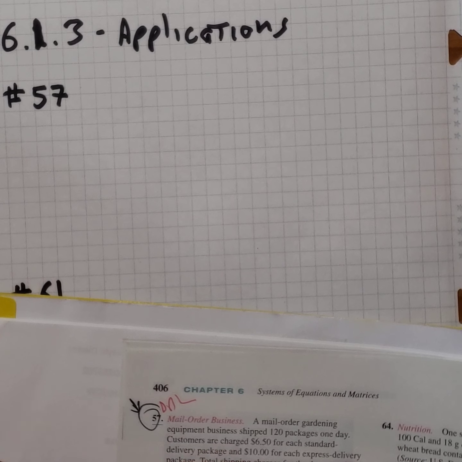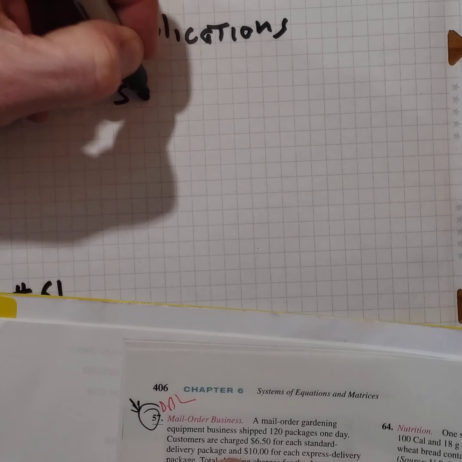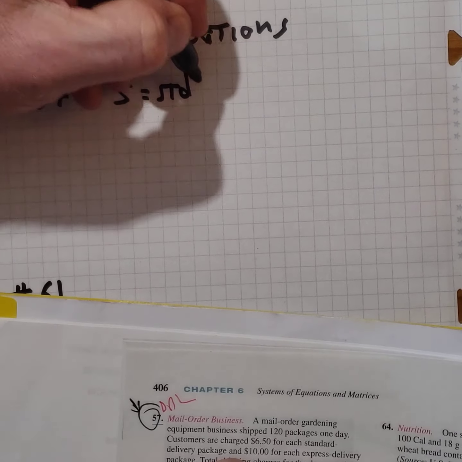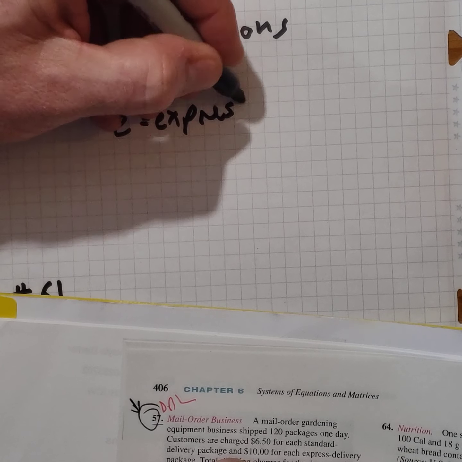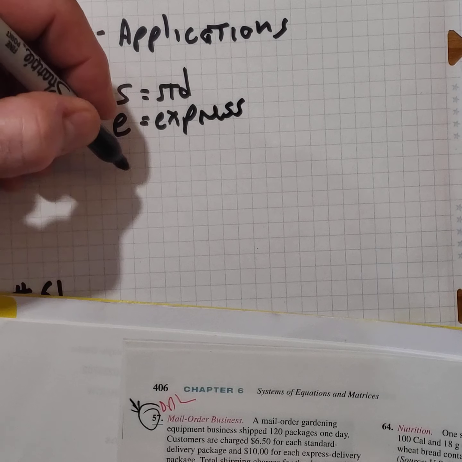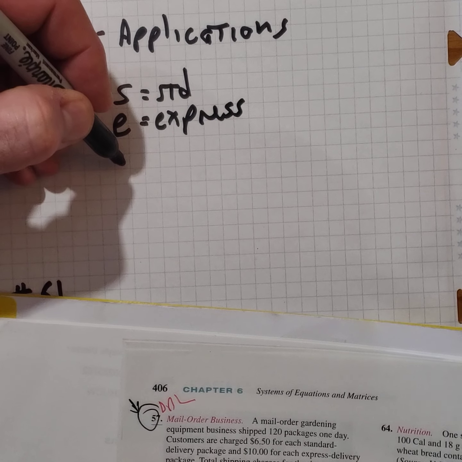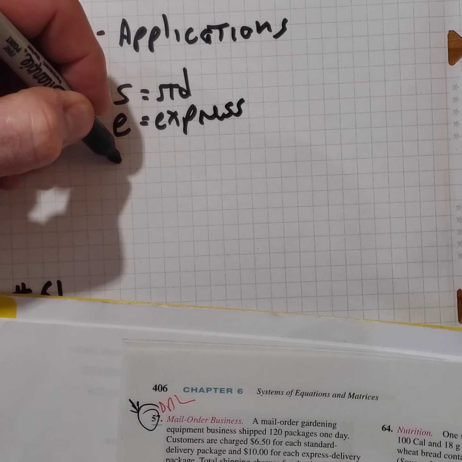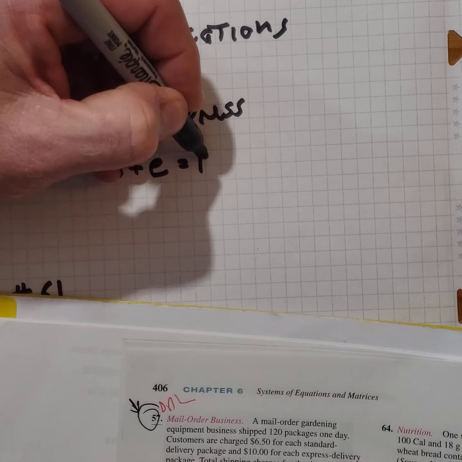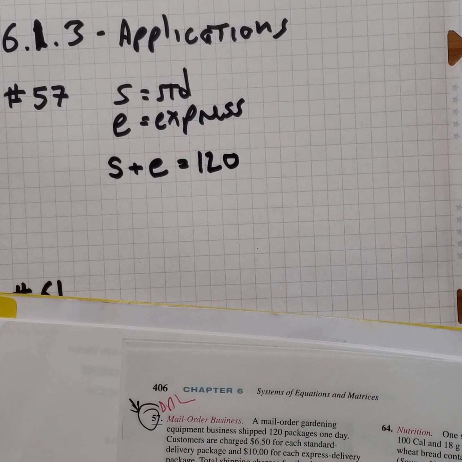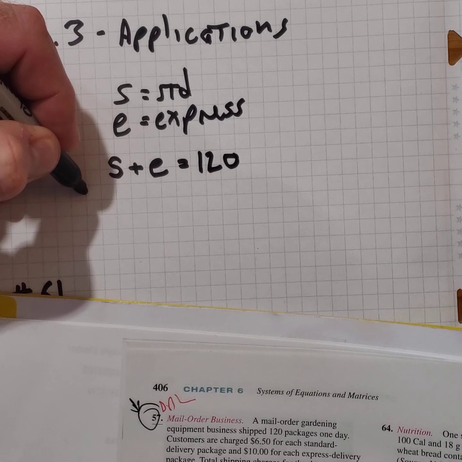So I'm going to use letters that make sense. I'm going to use S for standard and E for express. So I know from the first restriction that there were 120 packages shipped, that the standard plus the express has to equal 120. And then the cost, the standard was $6.50.